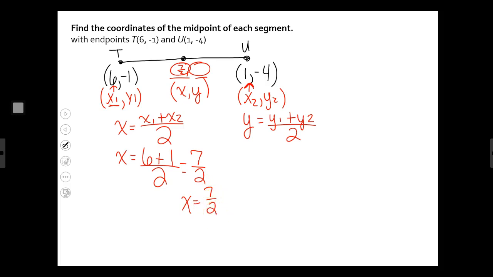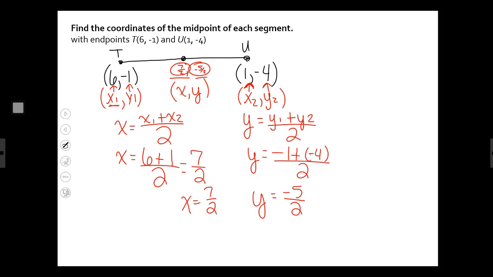Next, we're going to find our y coordinate. Y, we don't know, so it's y. y1 is negative 1 plus y2 is negative 4. y equals negative 1 minus 4, which is negative 5 over 2.